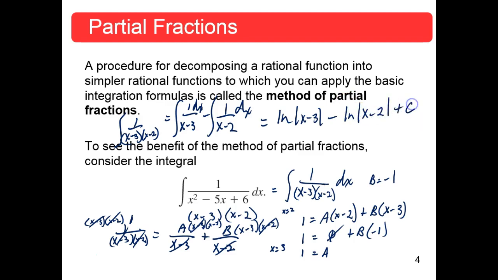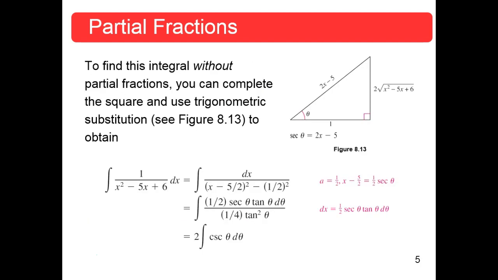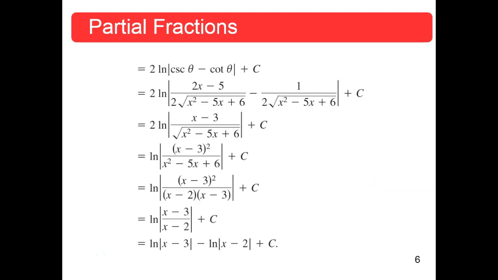And then you can do your plus C out there. And notice, with this fairly simple work, done on a little bit of a page here, we can replace that entire page, and there we get the same answer. The log of absolute value x minus 3 minus the log of absolute value x minus 2.